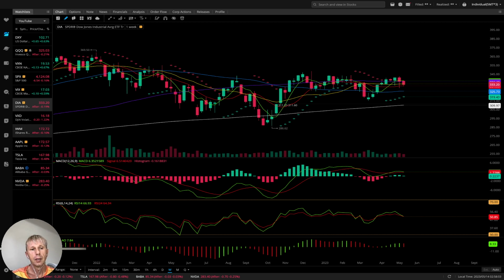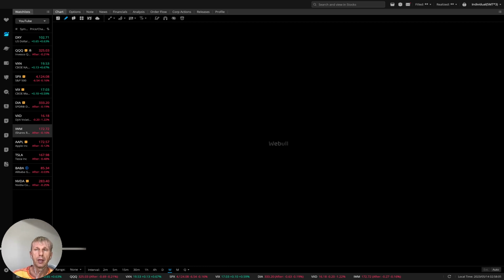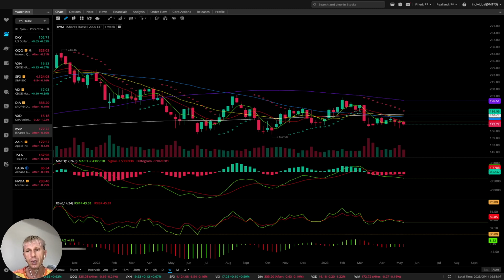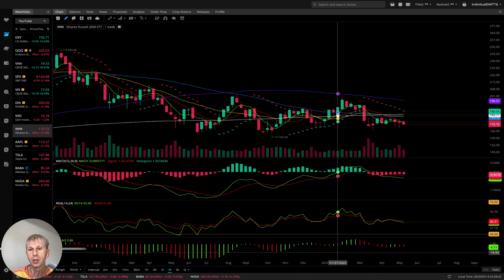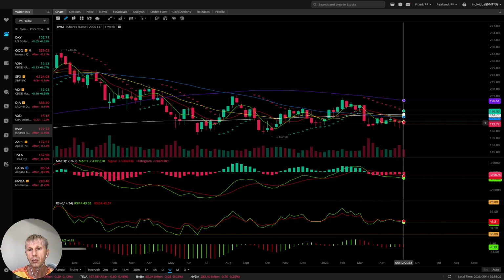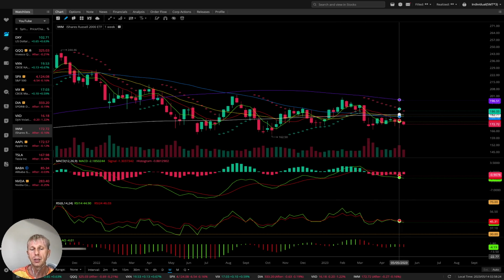On weekly, let's move to IWM. Russell 2000, the weakest index compared to Dow, SPX, and Qs. And remember, Russell 2000 is 2000 companies. Weekly time frame, it is bearish. Even MA5 did bullish crossover over 10. Bearish signal on all indicators.